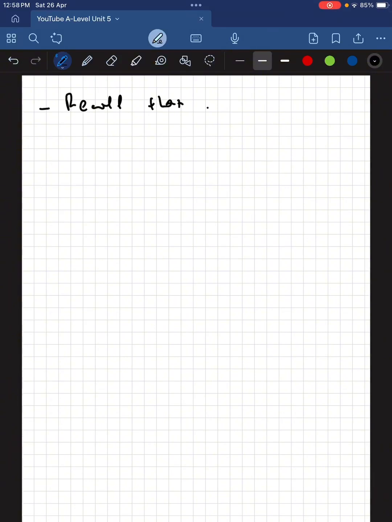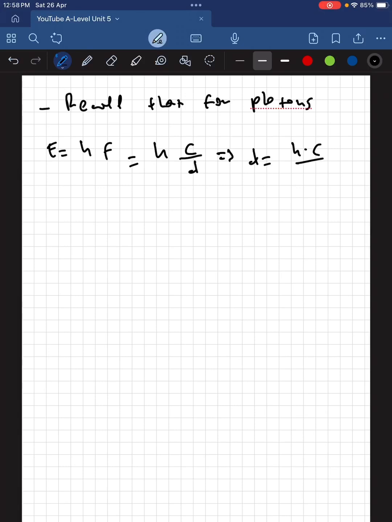Recall that for photons, and this is what gamma radiation is, the energy is given by Planck's constant times the frequency. But then the frequency is equal to the speed of light over lambda. So lambda can be found by solving h times the speed of light over the energy.